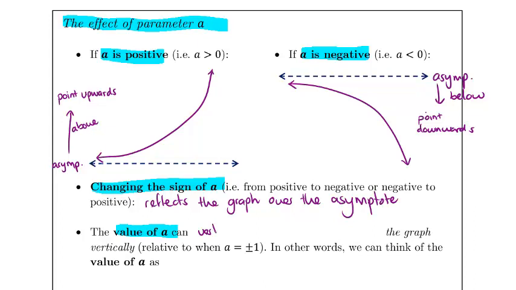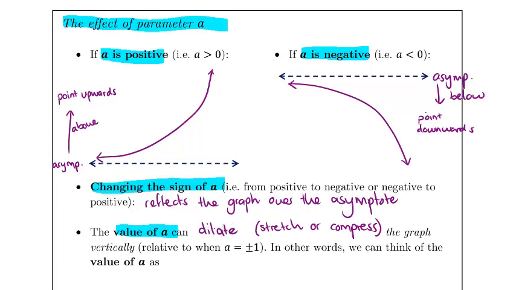So it can vertically stretch or compress the graph. Oh, wow, whoopsie, I see I have vertically over there. Let me take away vertically because I'm going to replace it with a fancy word that means stretch or compress. And that fancy word is dilate.